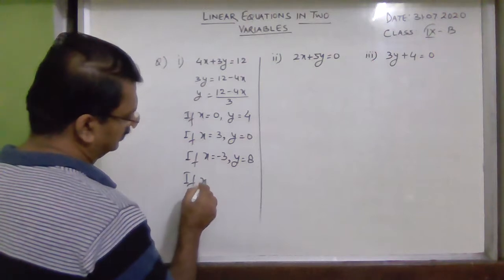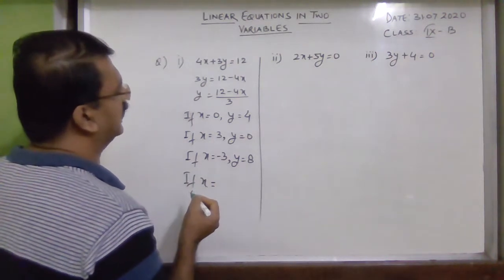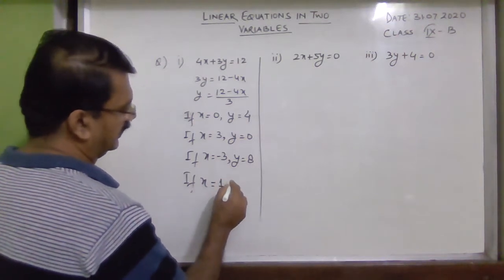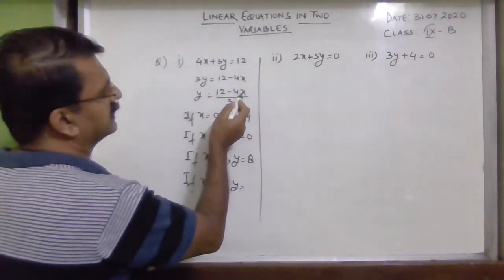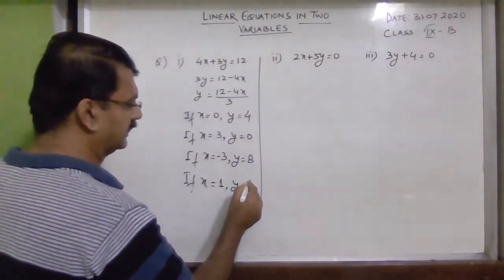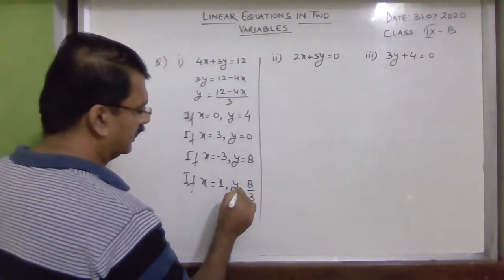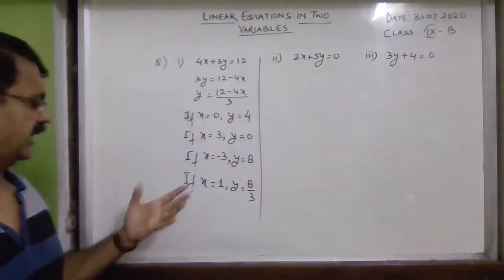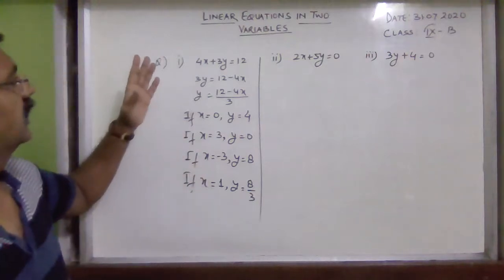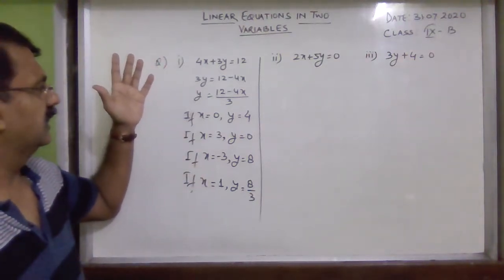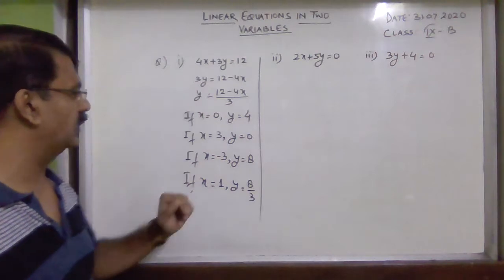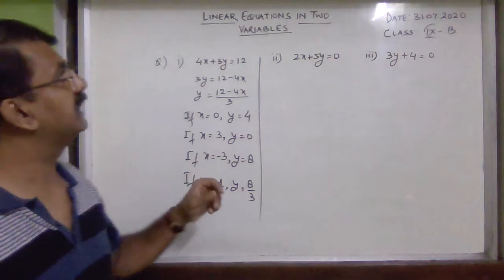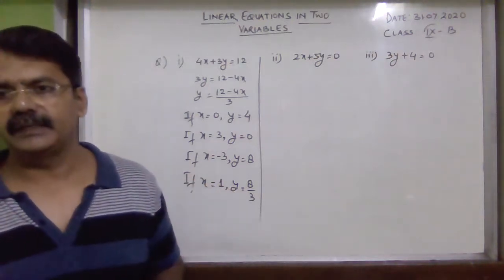If x is equal to say 1, then 12 minus 4 will be 8, so y will be 8 by 3. So now you can see we have 4 answers, although we have infinitely many solutions. One is x 0, y 4, one is x 3, y 0, third x minus 3, y 8, and x 1, y 8 by 3.